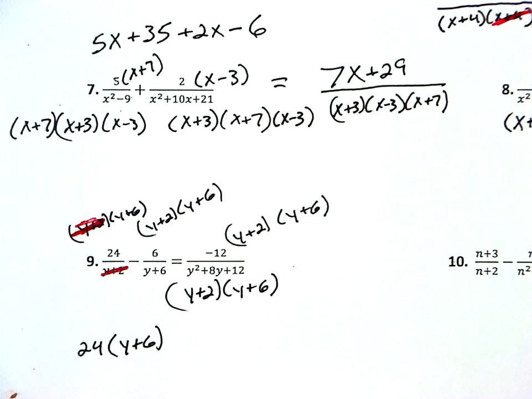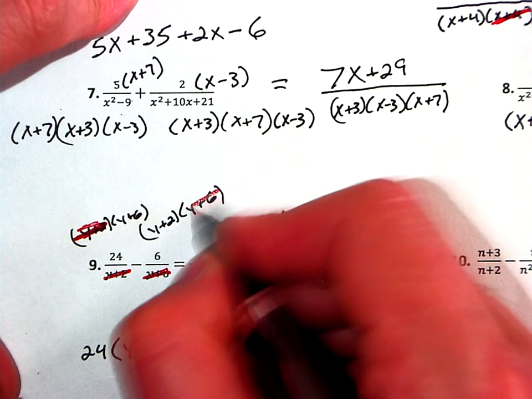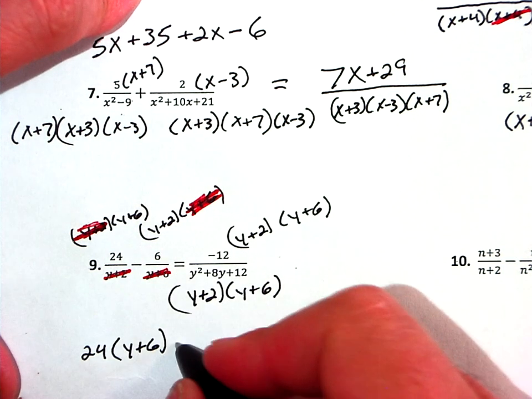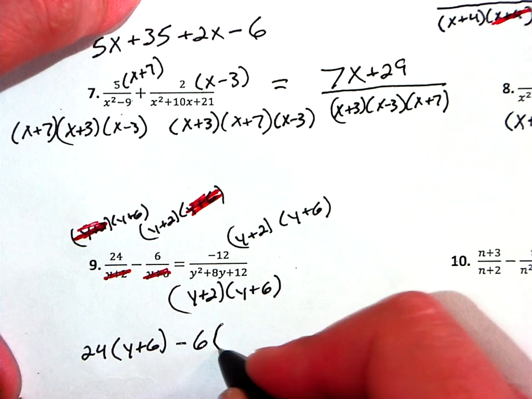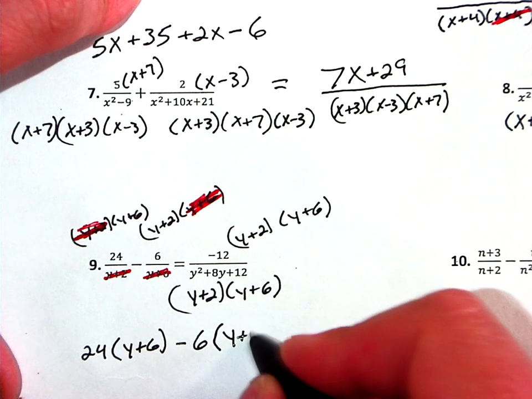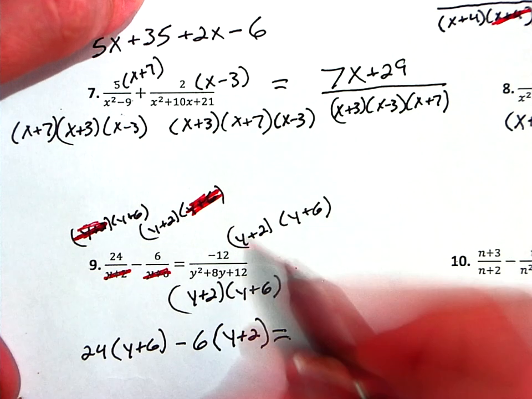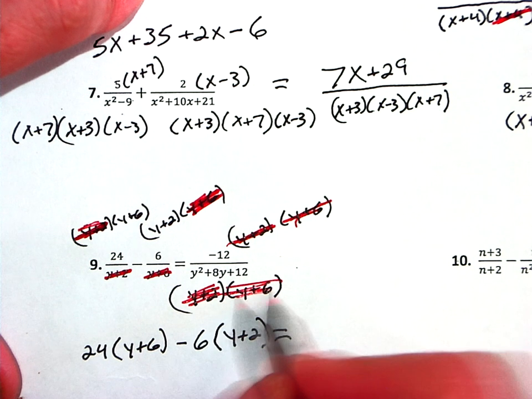So on the second one, we have a y plus 6. So I can get rid of the y plus 6. So minus 6 times y plus 2. And then on the last one, what happens to the y plus 2 and the y plus 6? They cancel out.